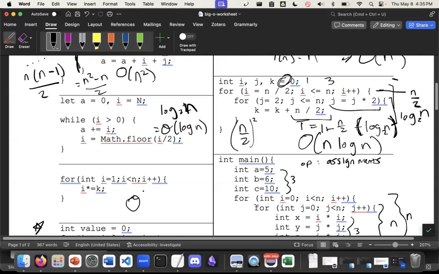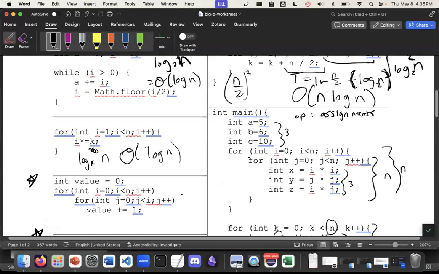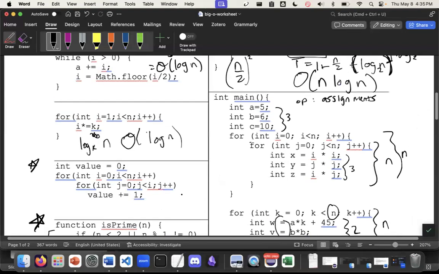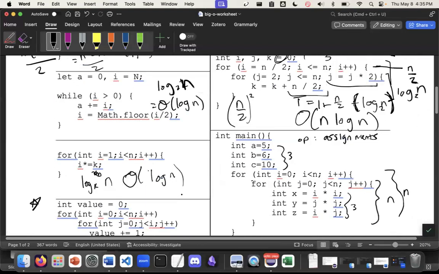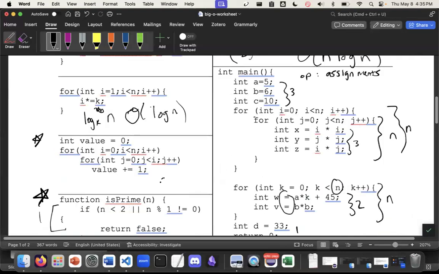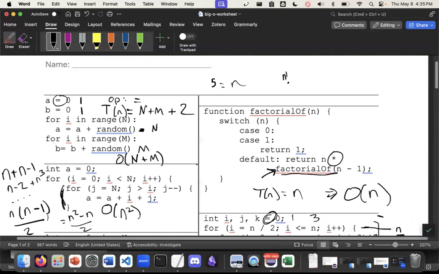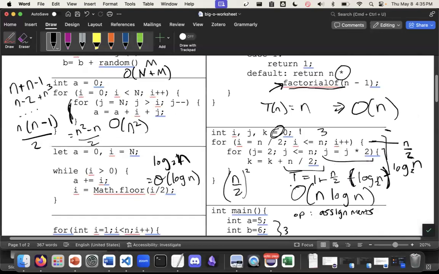This is also, so here, since we're multiplying by k each time, it is log base k. And then when we write it, it's log n. This one, and this one is O of n squared. We did that one. We did factorial. We did that one. Okay.